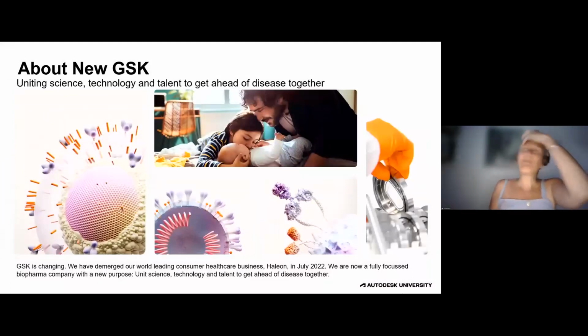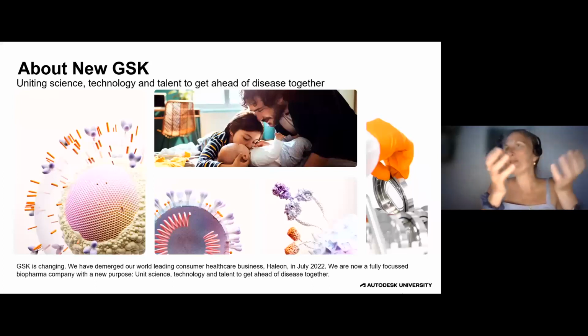All right, so before that, let's talk a bit about new GSK. Just before the summer, big things happened for GSK as a pharma company. The biggest was the demerger of the consumer healthcare business from the main vaccines and biopharma business, which was successfully completed.